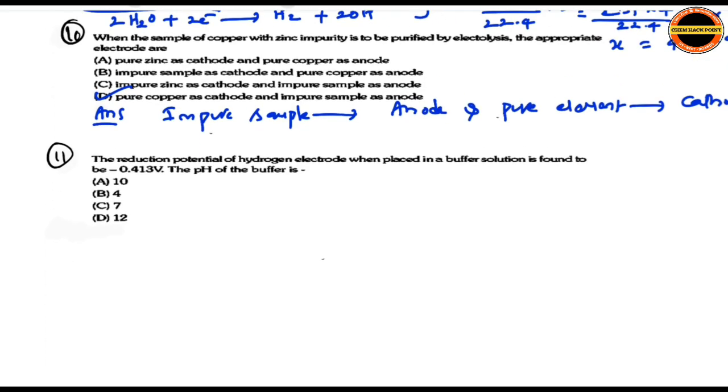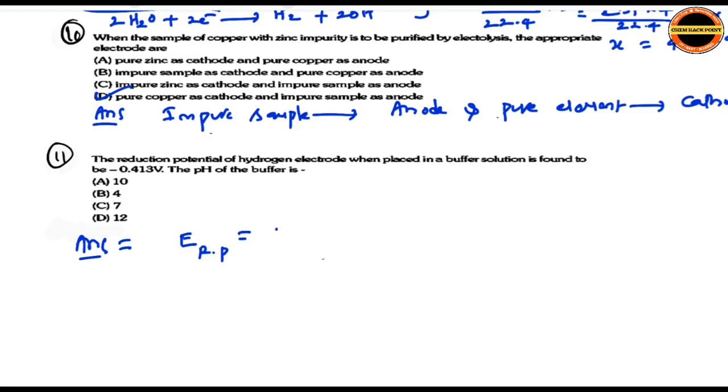Next, the reduction potential of a hydrogen electrode when passed in a buffer solution, they are asking the pH of the buffer. See the solution, everyone. So directly I am writing now. Here the E cell value is found to be the reduction potential they gave, of the hydrogen electrode.